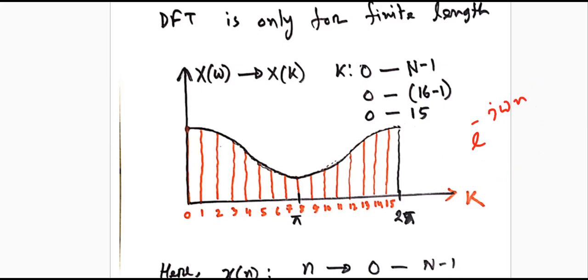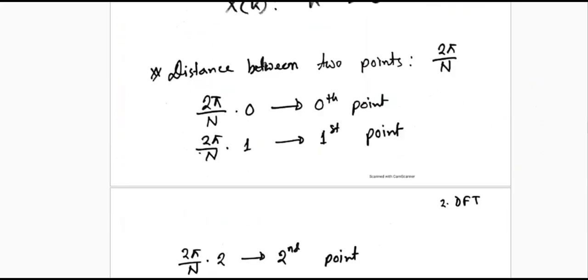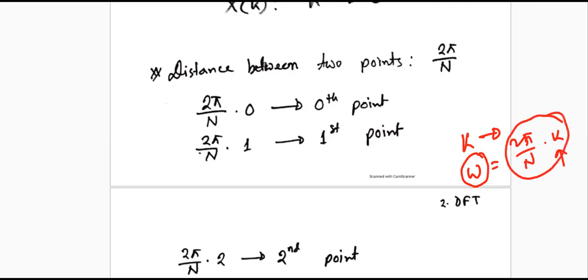That's why whenever you are multiplying any function with e to the power minus j omega n, it becomes a periodic function. We already know that we have the relation between k and omega. Omega is equal to twice pi divided by n into k. If we extend the value of k, of course we can find the frequency component. Since this omega is a periodic signal, for any value of omega we can find this frequency.